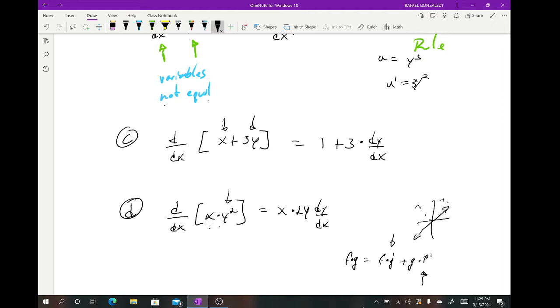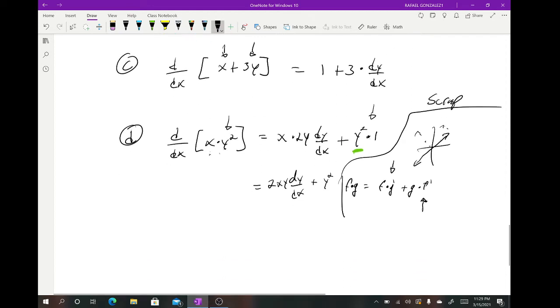I have plus the second, which is y squared, times the derivative of the first, which is just 1. Notice here that I'm not writing dy dx because I never took the derivative of a y term for this second piece. We could simplify this a little bit more. This is 2xy dy dx plus y squared.